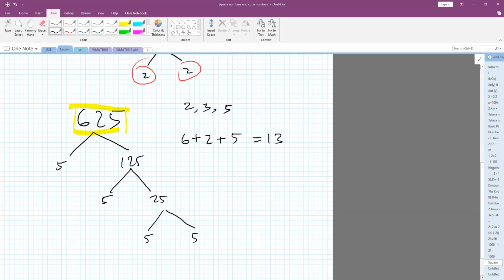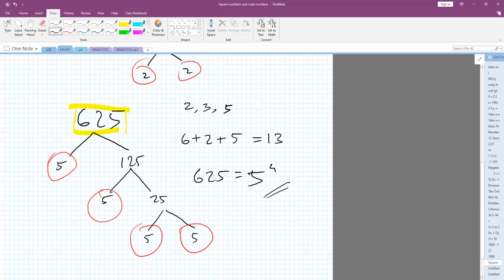That's the end, because this is already a prime number. So 5 times 5 times 5 times 5 gives 625. In other words, 625 equals 5 to the power of 4.